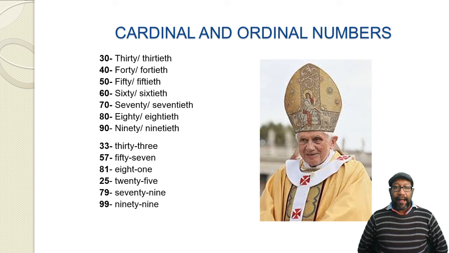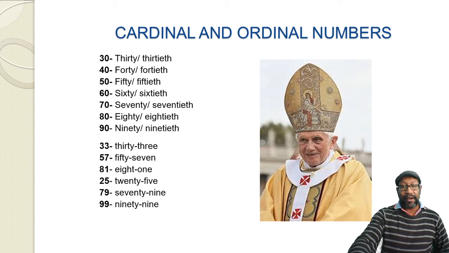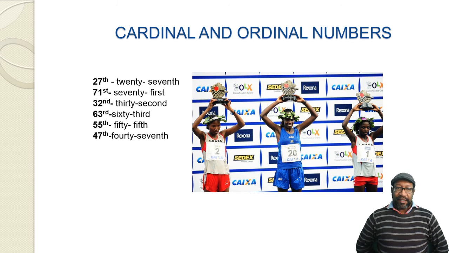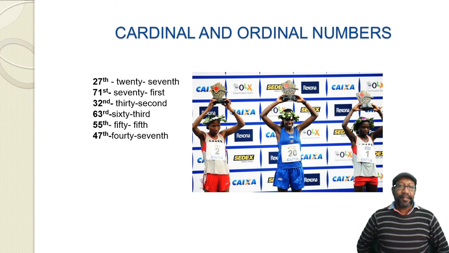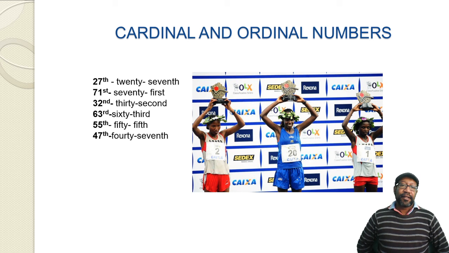And here we have the image of this guy who was a pope, and his name was Bento the 16th. So he was the 16th to be called Bento, I guess. Then we have ordinal numbers here like 27th, 71st, 32nd, 63rd, 55th, 47th.